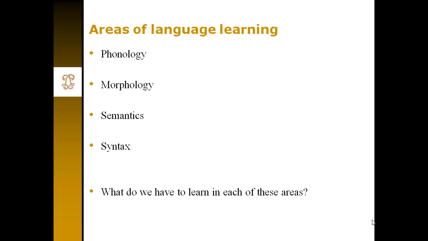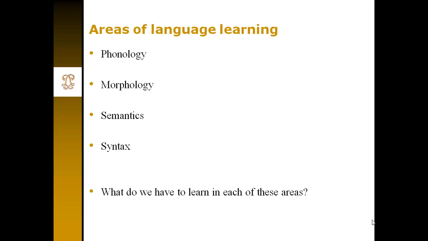And then finally, syntax is what we think of as the grammar of language, the way in which we structure words together. And there's a rule-governed way that we do this. So when we combine words together, we don't combine words in a random way. We follow a particular order.